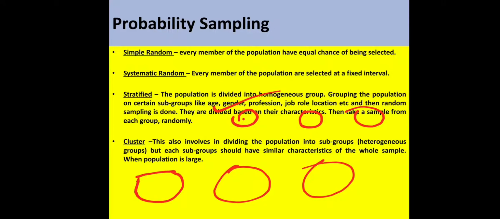But in this case, what is happening is that we have, same example, age groups of 20, 30, 40 and 50 representing one group. Similarly 20, 30, 40 and 50. Similarly this 20, 30, 40 and 50.